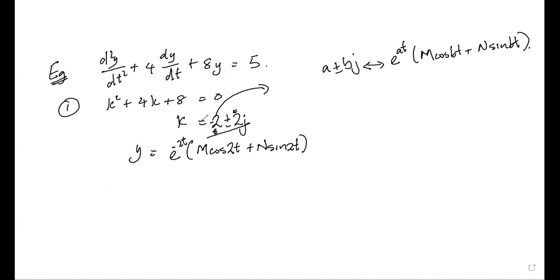All right, so we would have that. Now we would have the part with the 5. For the particular solution, we are going to try a linear solution, y = at + b. When you differentiate this, the first derivative is a and the second derivative is 0.